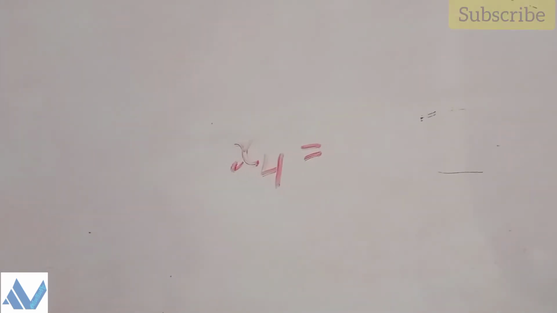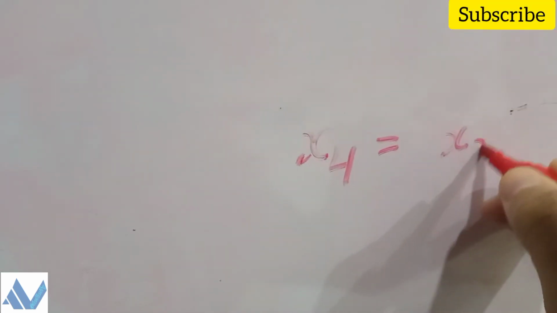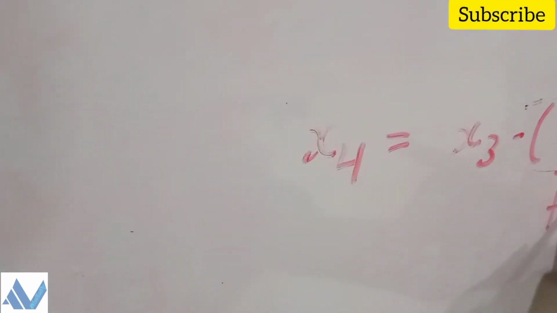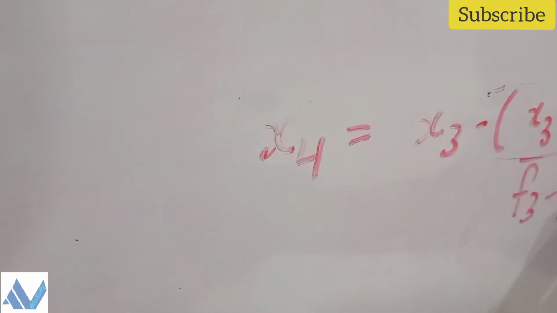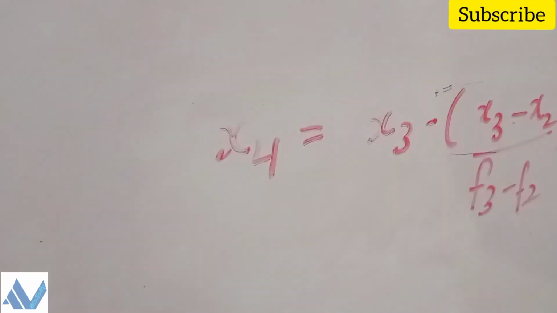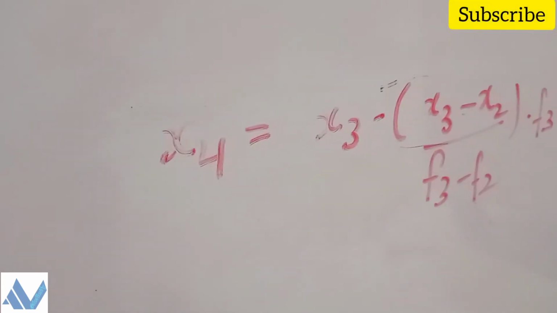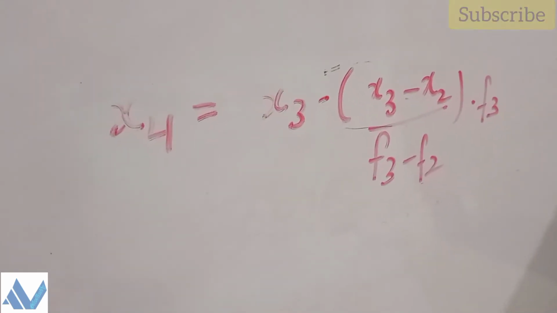x4 is equal to x3 minus (x2) by (f3 minus f2) into f3. I hope you have understood.